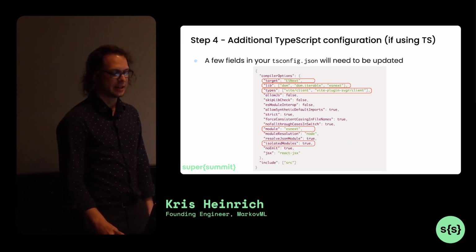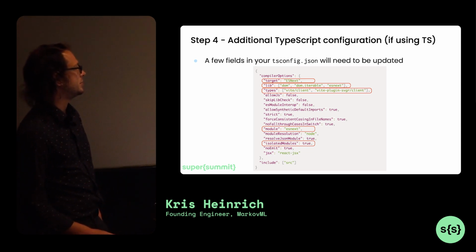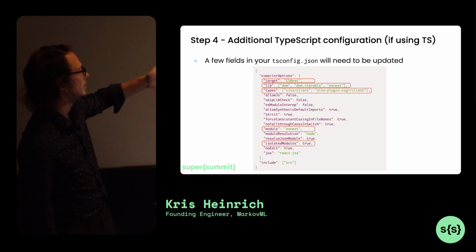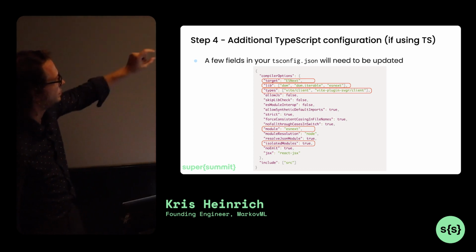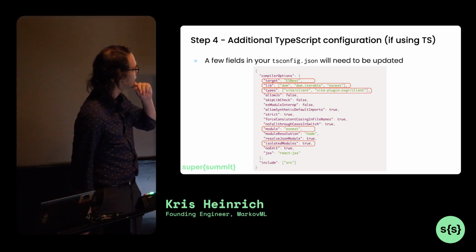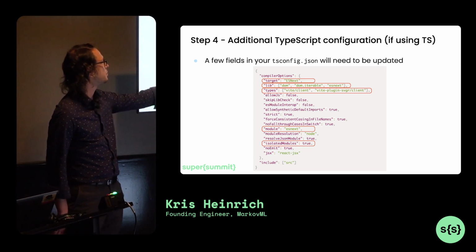All right, and then if you're using TypeScript in your project, there's some additional type configuration needed. So in your TS config, a few things here are required for Vite. Basically these fields that I've highlighted all need to be specifically these values for Vite to work. So both module and target need to refer to ESNext.